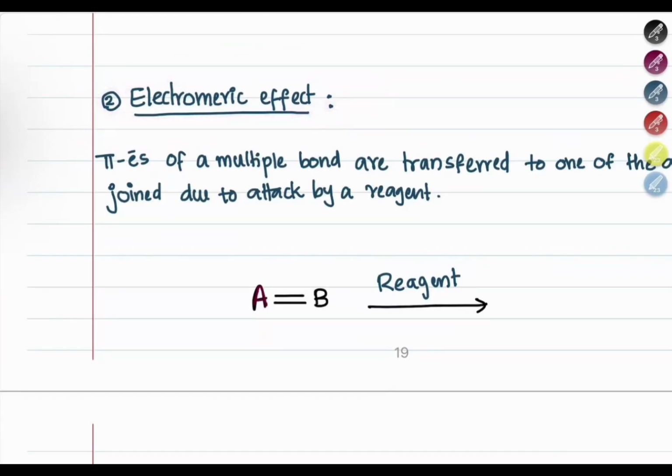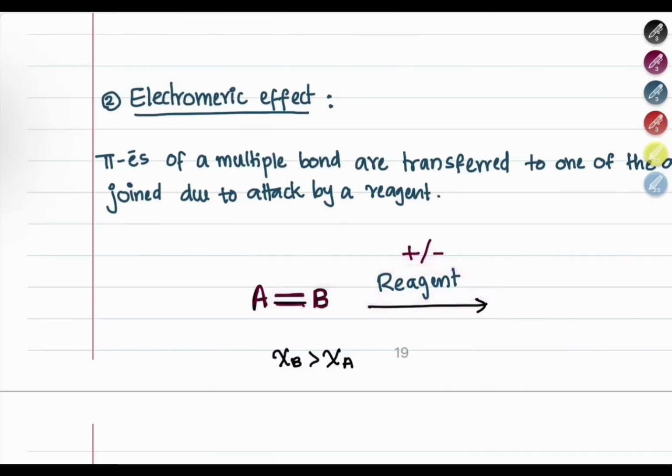Suppose there is a double bond between A and B present in a molecule, and a reagent is coming. The reagent can be of positive charge or negative charge. And suppose the electronegativity of B is higher than that of A. For this reagent to react with the double bond, this double bond has to break.